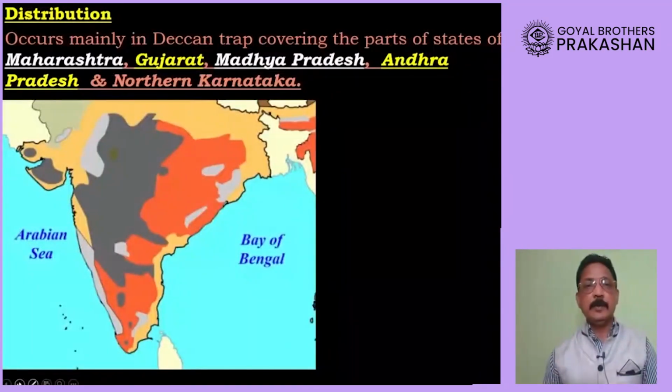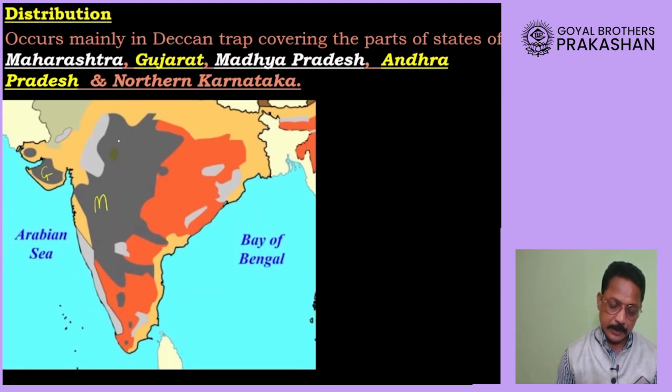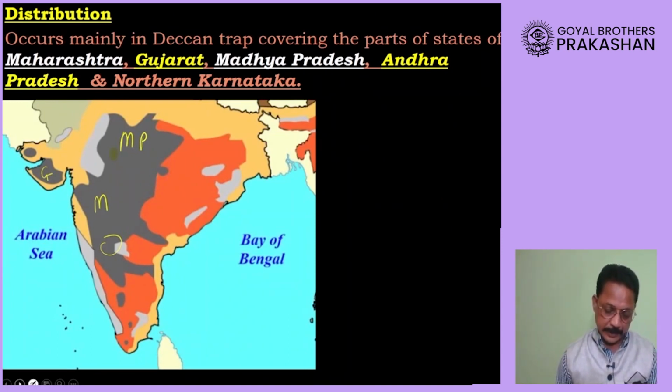Now the question comes, where will you find this soil? This soil is basically found in Maharashtra, in Gujarat, in Madhya Pradesh, and also the north part of Karnataka. These are the major states where this soil is found.